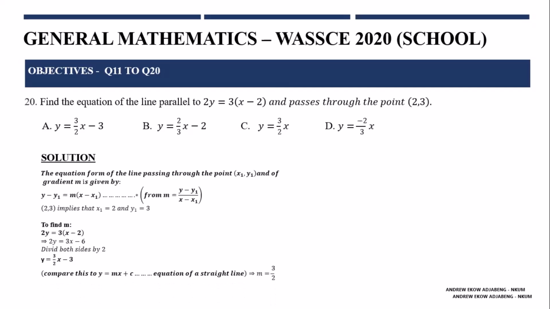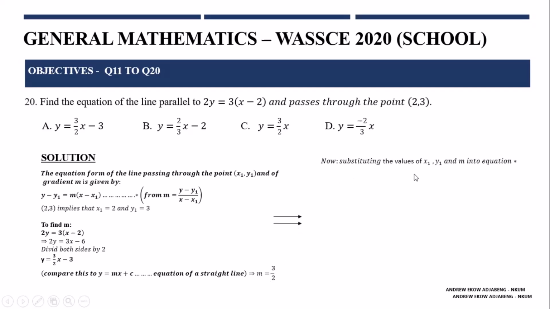We compare this equation to the equation of a straight line, which is y equals mx plus c. When we do that comparison, we realize that the value m is 3/2.